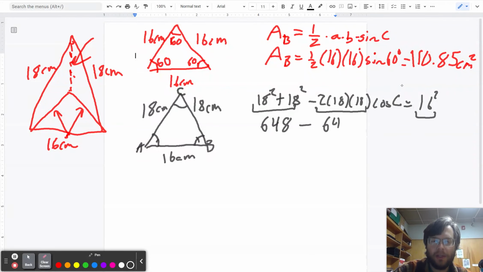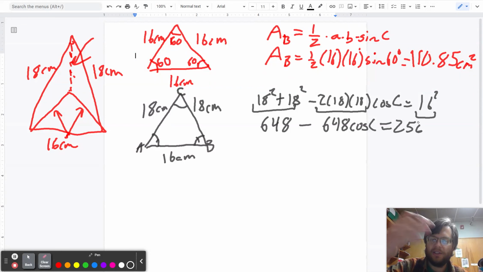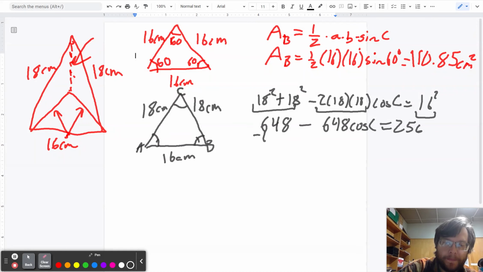So we have 648 minus 648 cosine C. Don't try to subtract those because then you'll get 0 on the left side. And then 16 squared is 256. So imagine you had 648 minus 648x. You don't subtract the two 648s from each other.